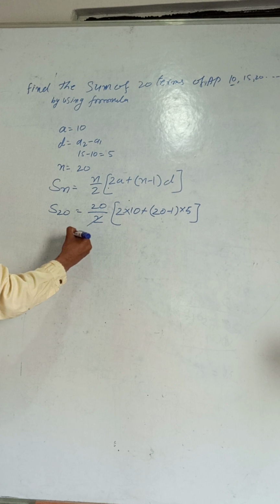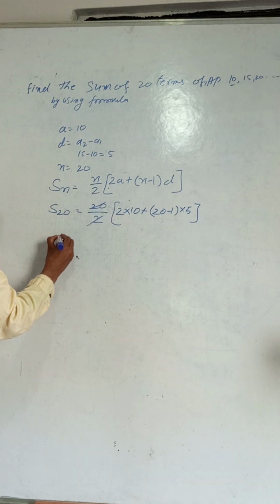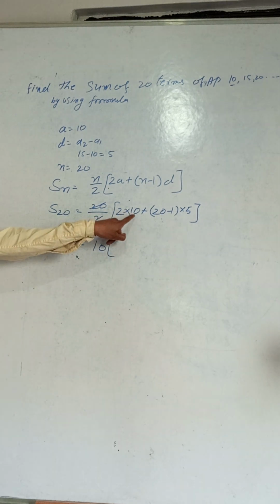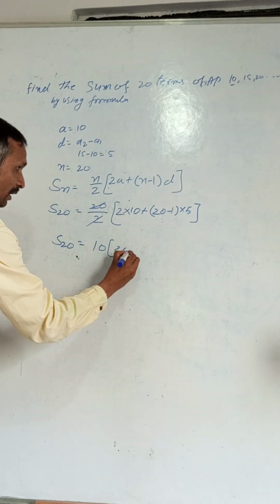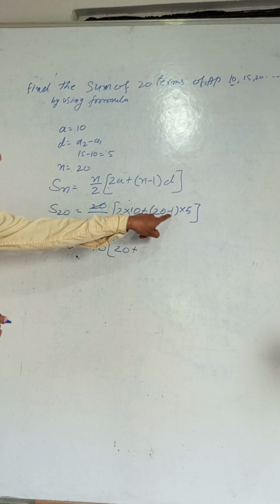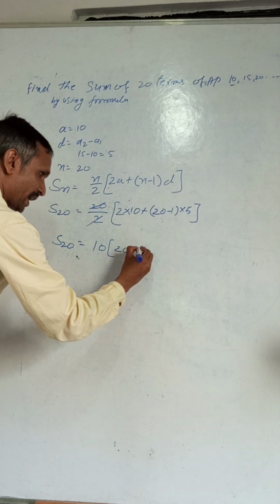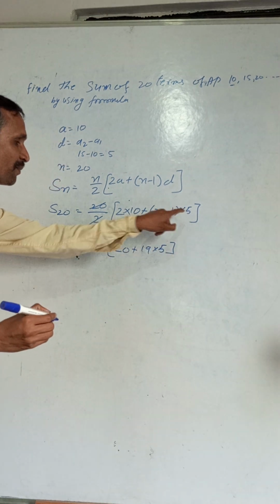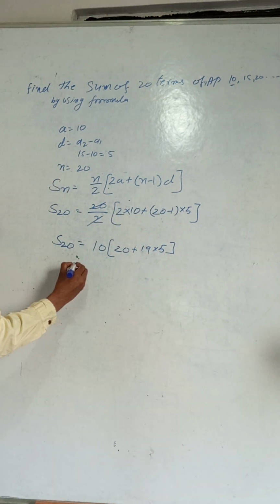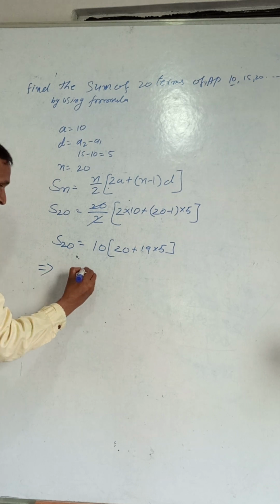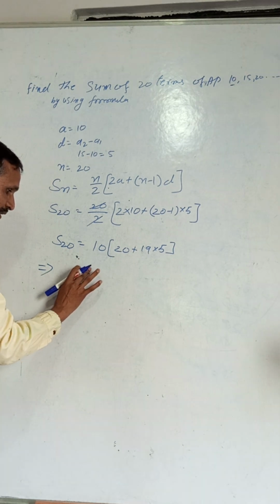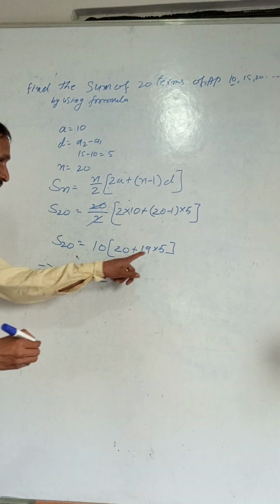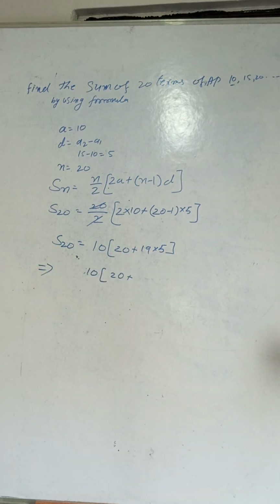Now we can cancel: 2 ones are 2, 2 tens are 20. So S_20 is equal to 10 into 20 plus 20 minus 1, which is 19, into 5. S_20 is equal to 10 into 20 plus 19 fives, which are 95.